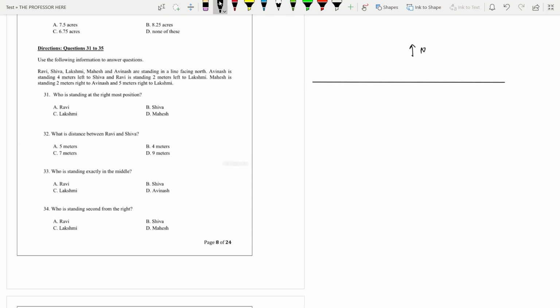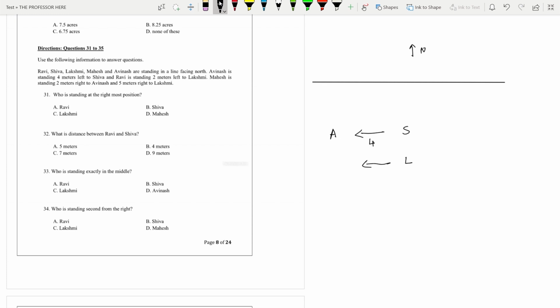Now let's represent the data that is given in the question as equations. So for using equations, let's use the first letter of the name. So Avinash A is standing 4 meters left to Shiva. And Ravi is standing 2 meters left to Lakshmi.